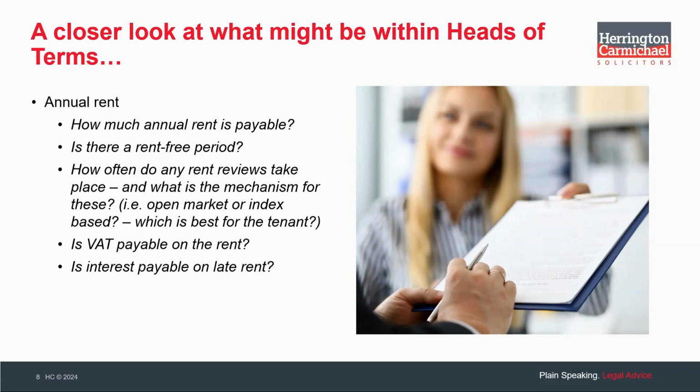The way it works is that a landlord has to expressly opt a property for VAT by submitting paperwork to HMRC. And once the property is elected for VAT, then a tenant has to pay the VAT. So a question as a tenant would be, has my landlord elected the property? And it's good to know that really early on, because obviously you'll know how much the rents are going to be.